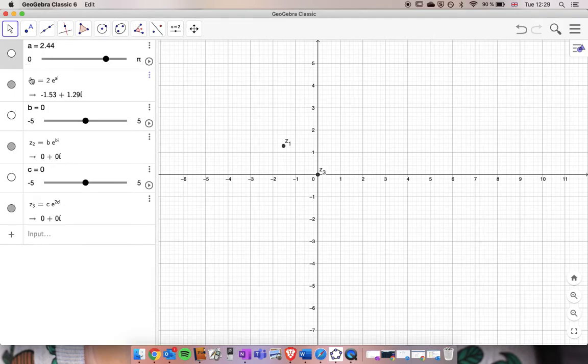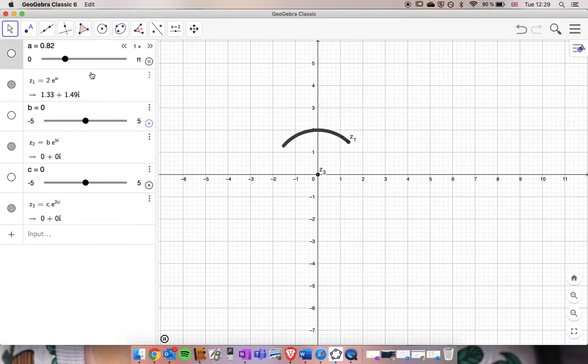So we have here z1, which is this point here at the moment, and it's 2e to the ai, and we've set this from 0 to pi. So we have a's instead of t's, but yes, it's the same idea. And we can just have a quick look at what happens as we animate that.